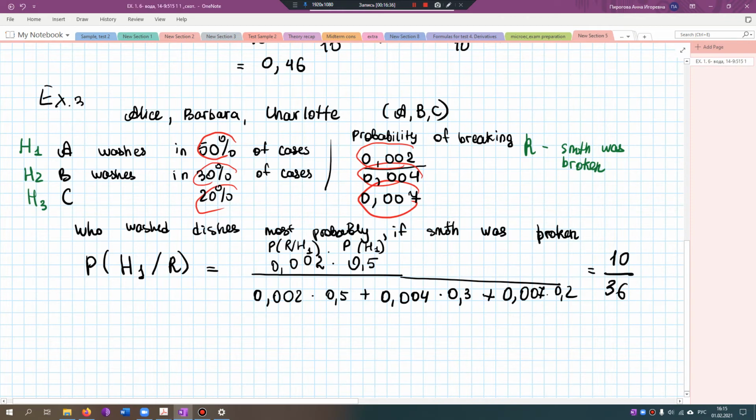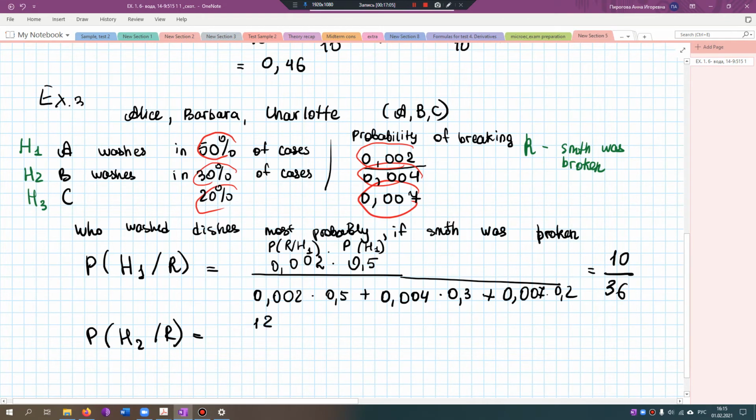So the same approach we can use to find the probability of H2 under the condition of event R. I will not repeat the same formula because it is the same, just in the numerator we will have another probability.